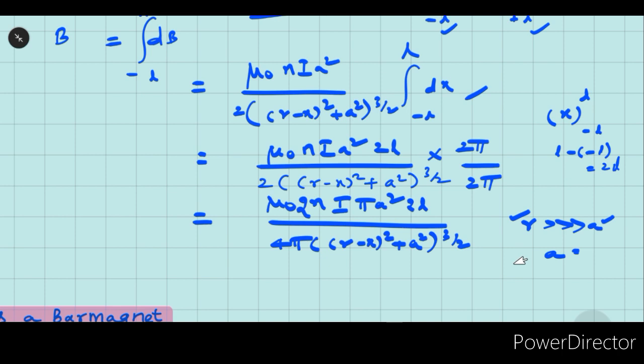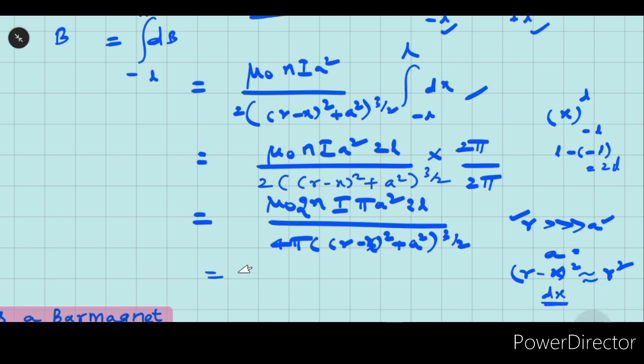And by approximating R minus X whole square as R square, that is, here X is the distance of the dx width of the coil.